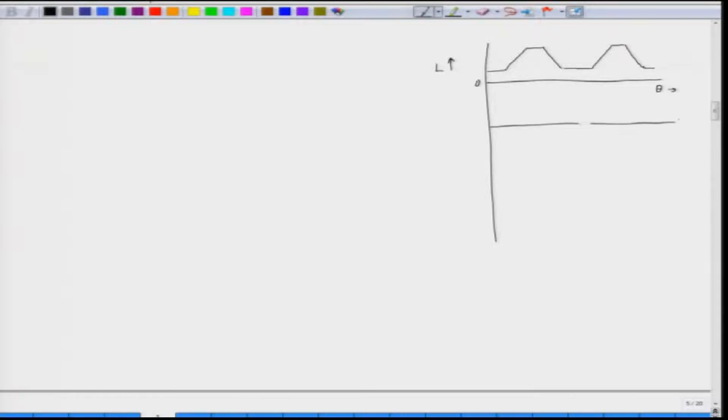So, let us see the flux. If you plot the flux, it increases linearly, because we have applied a voltage which is constant, and it decreases like this. And what about the current? So, this is the flux.